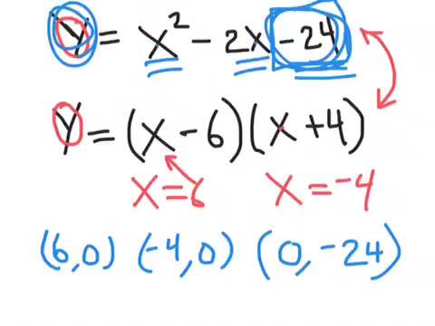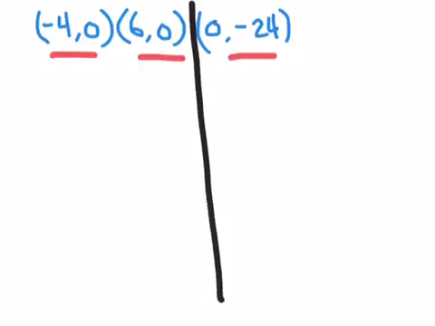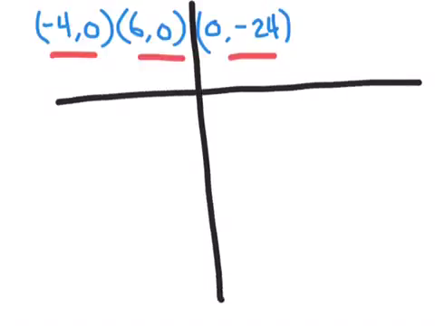Let's do a little graph. With that equation, we end up with these places, these critical points, I call them, but it's basically where it crosses the axes. So let's make a graph. It looks kind of like this, just a rough estimate.